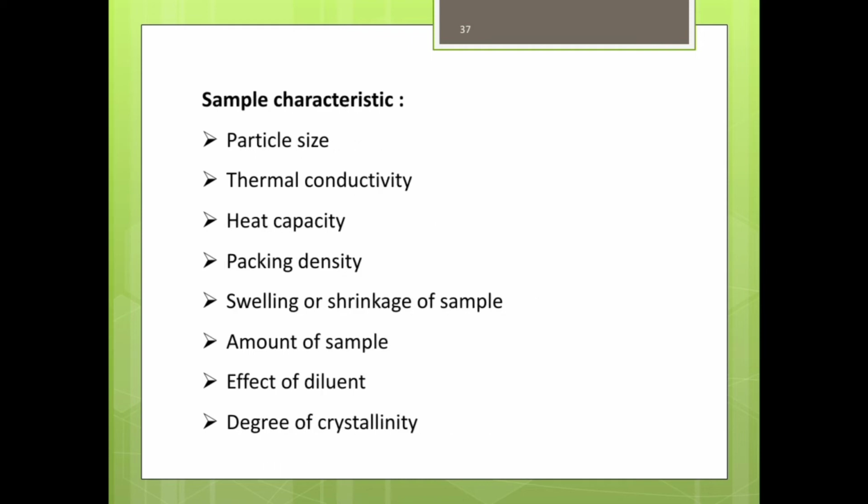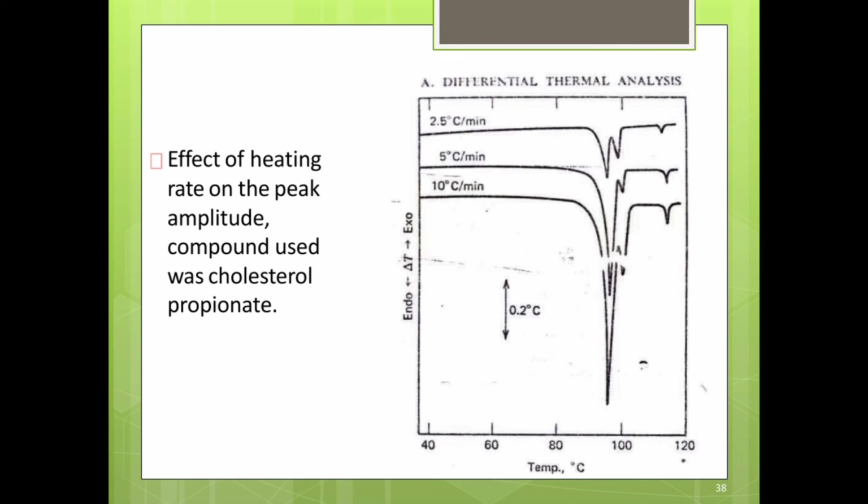Sample characteristics: particle size, thermal conductivity, heat capacity, packing density, swelling and shrinking of sample, amount of sample, effect of dilution, degree of crystallization.